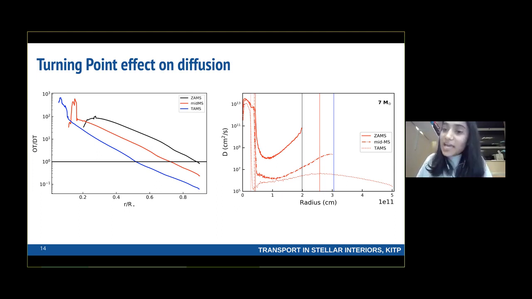Whereas in the TAMS model, the turning point approximately coincides with the radius at which the diffusion profile starts to show the decreasing trend. As these waves approach the turning point, they lose their wave-like behavior and become evanescent, causing the decreasing trend in the mixing profiles in TAMS.